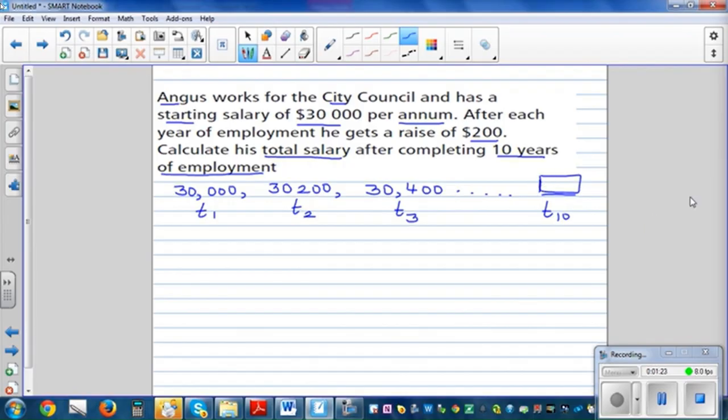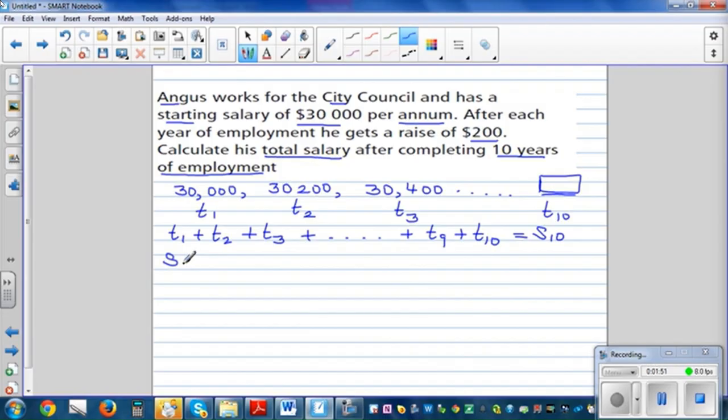You want to add the salary of the first year plus the salary of the second year plus the salary of the third year up to the salary of the 10th year, plus T9 plus T10. This is the question. So this basically means you have to find S10. S10 is what the question is.